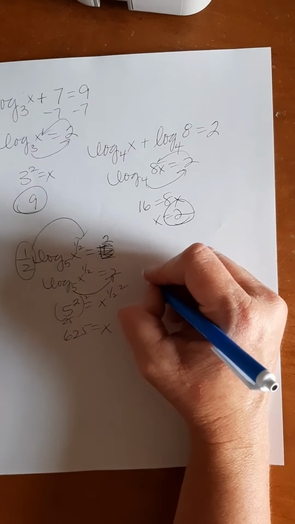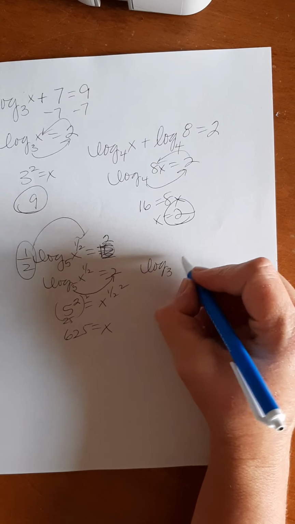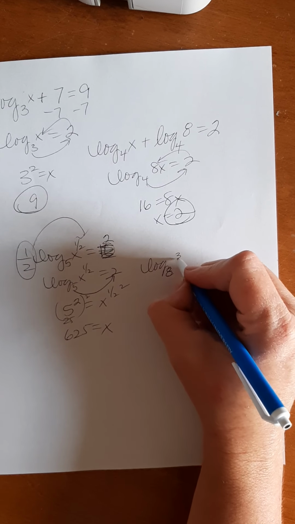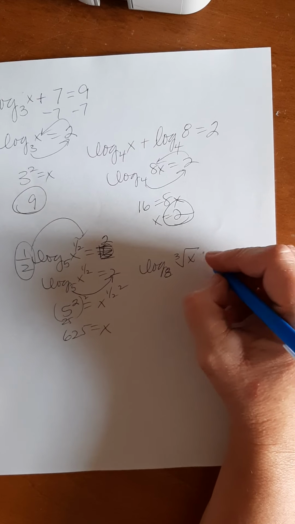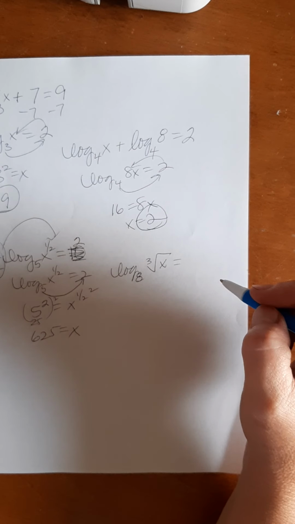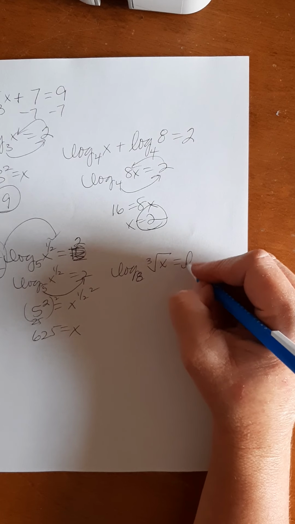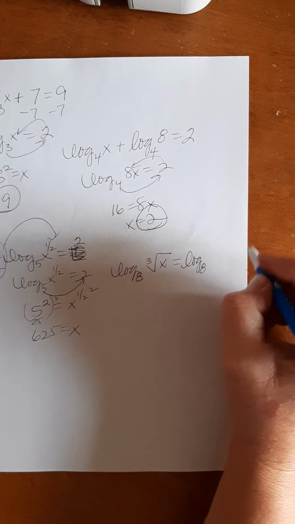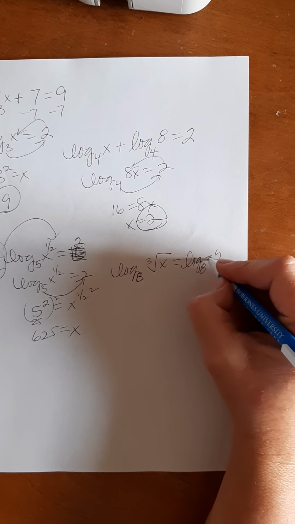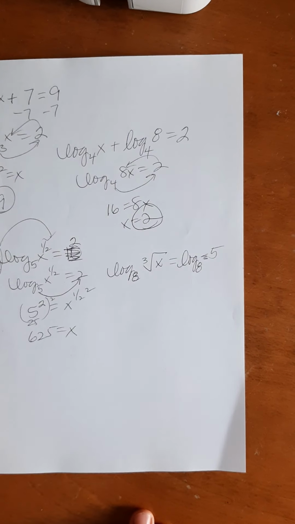Now one like this also could look like this. Let's say the log of the cube root of x equals, I don't know, not equals there, the log of 5.